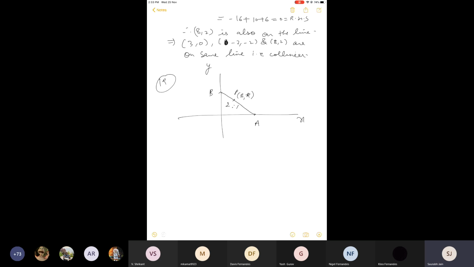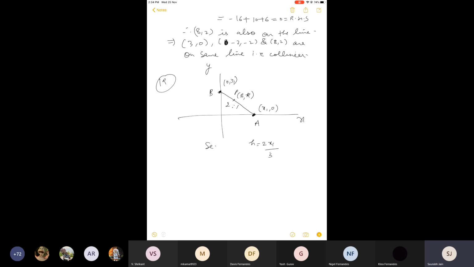Now based on this, I will first find the coordinates of the 2 points A and B. So A can be taken as x1, 0 and B can be taken as 0, y1. So let us use the section formula. So H is 2 into x1 plus 1 into 0 upon 2 plus 1.